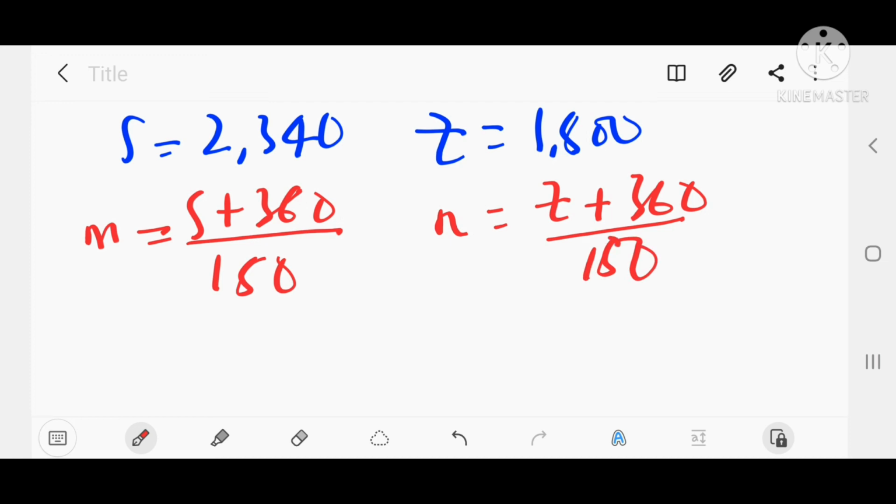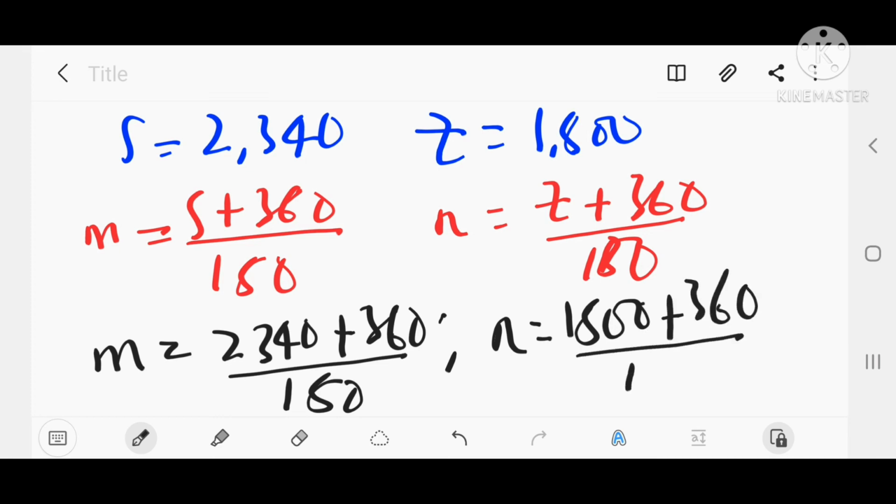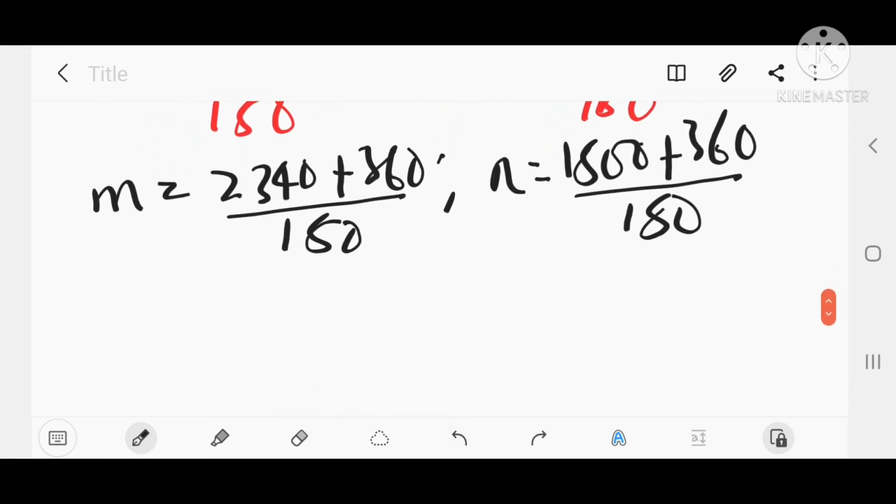So that means we have M equal to 2340 plus 360 on 180, and N will be equal to 1800 plus 360 on 180.